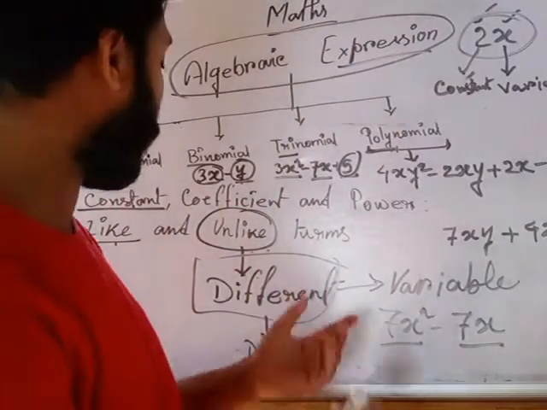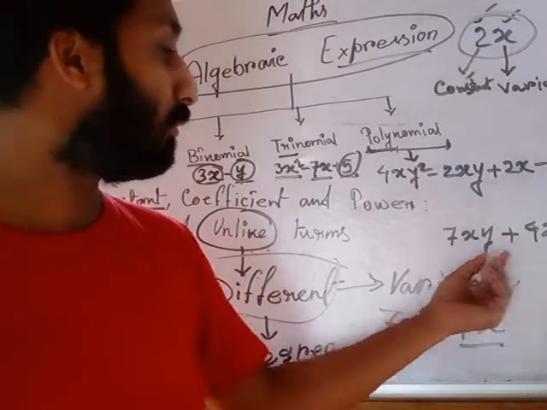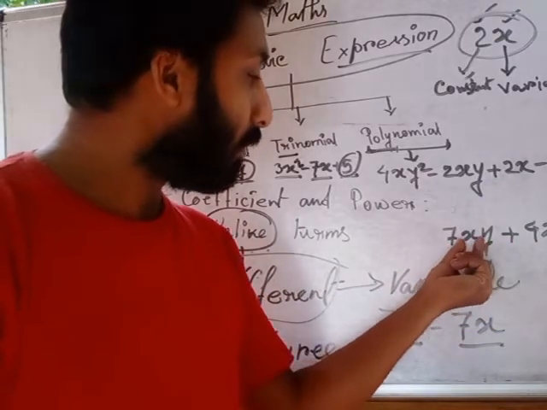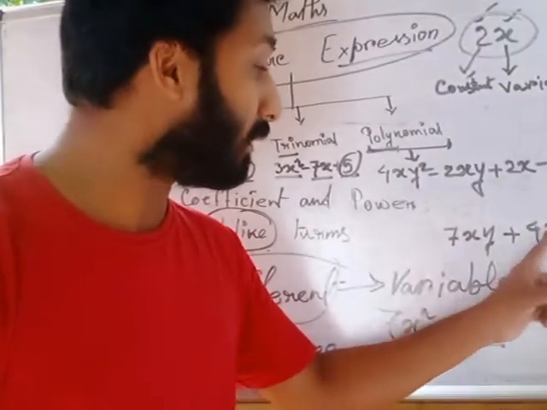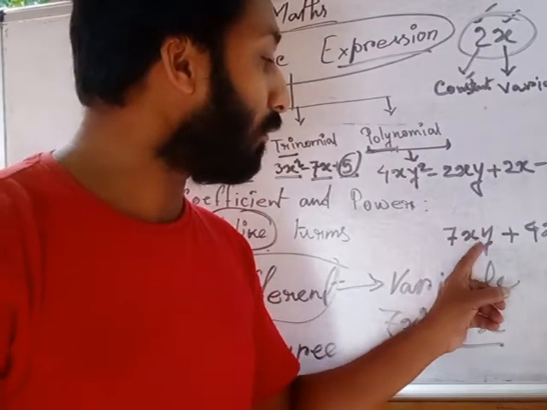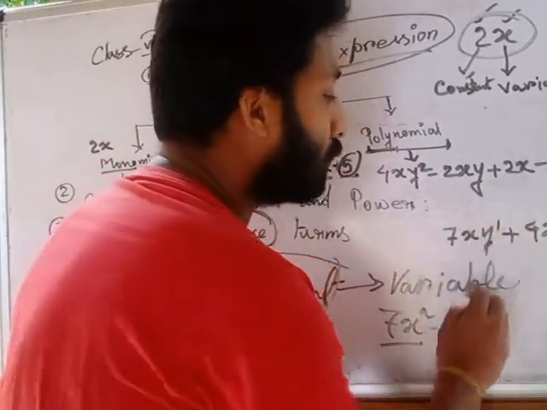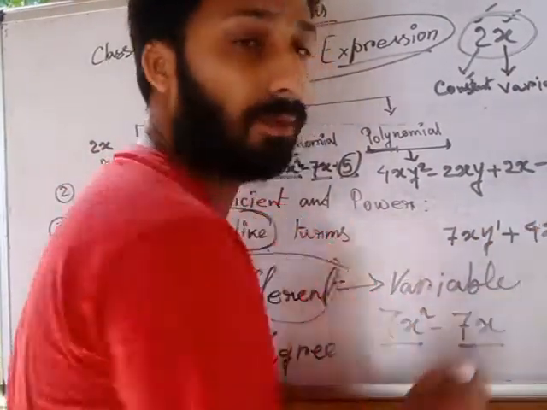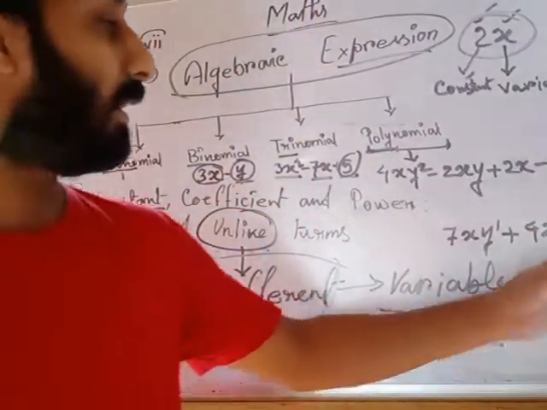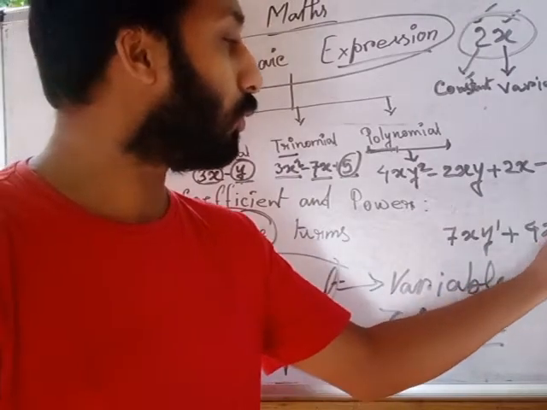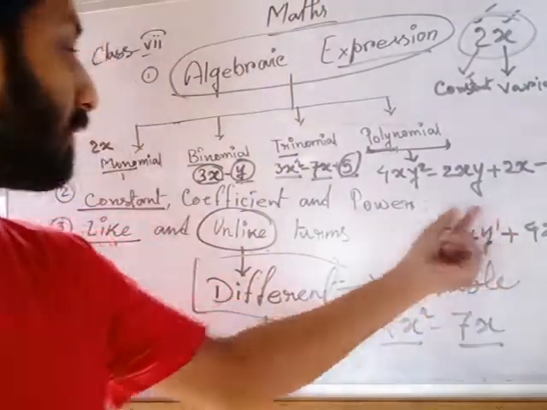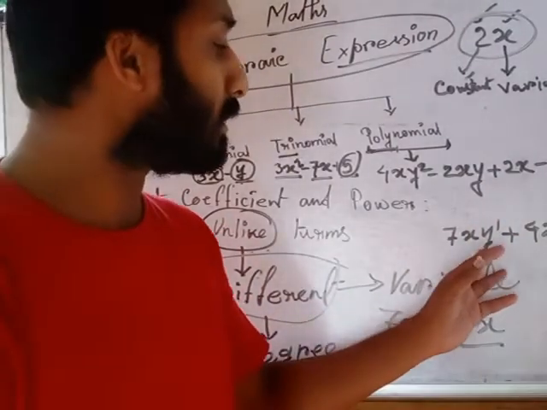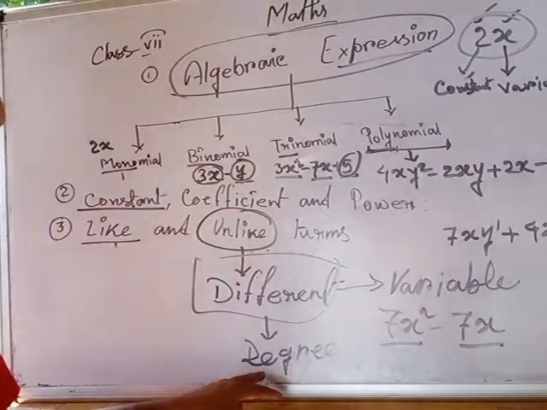These are also called unlike terms, because as a variable here is x and here is x, that means the degree is also the same, but where is y, the power of y is 1 and here the power of y is 2, or the degree of this term is 2 and the degree of this term is 1. That means a different degree.